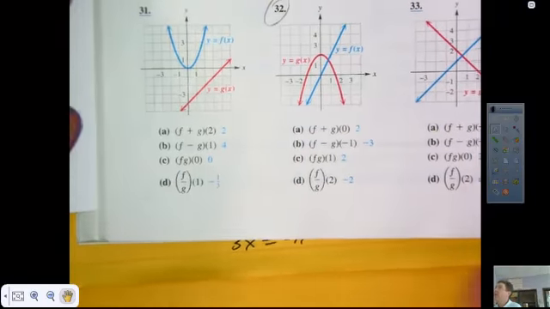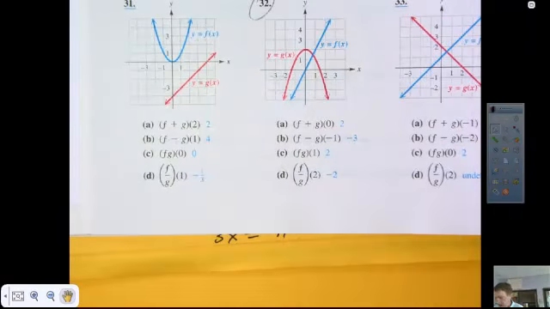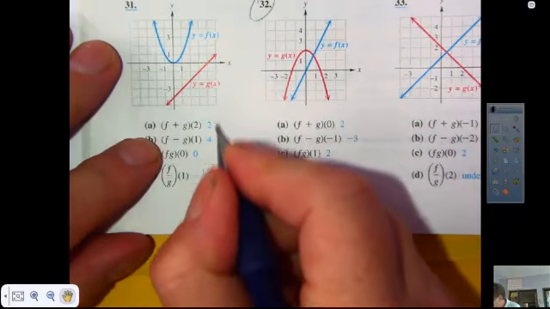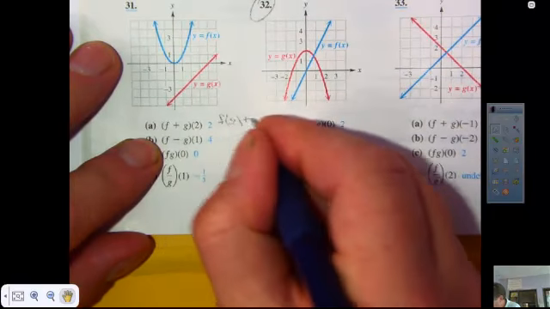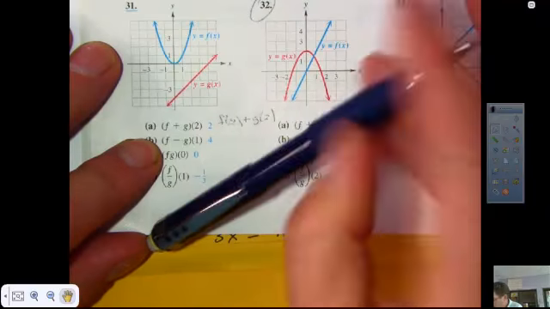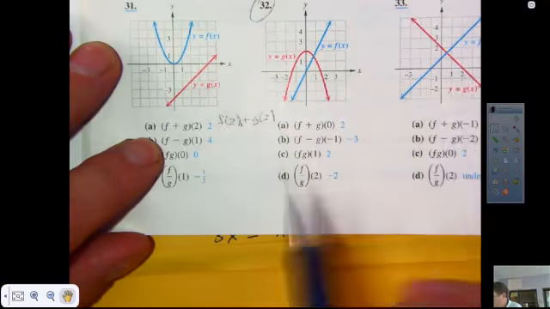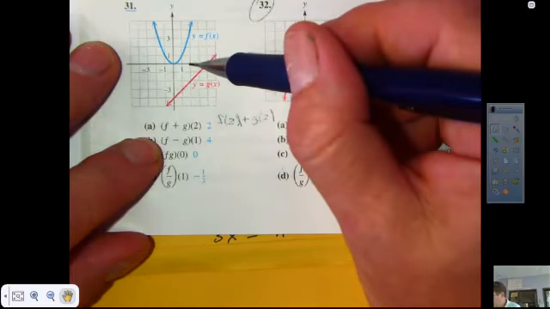Okay, so in this case, you just read off these function values. Part A says take f of 2 plus g of 2. So find f of 2: when x is 2, what's the function value?